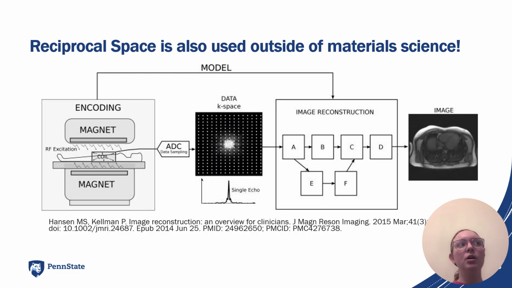Whenever you perform an MRI, the data that is collected is actually K-space data, which then has to be reconstructed back into real space, or image space, to form the image that technicians see. So reciprocal space is very important for several different fields.